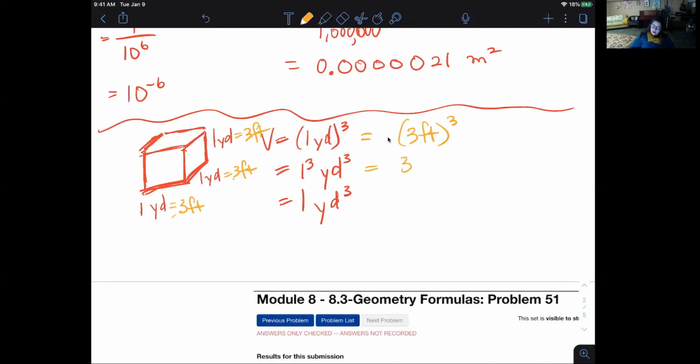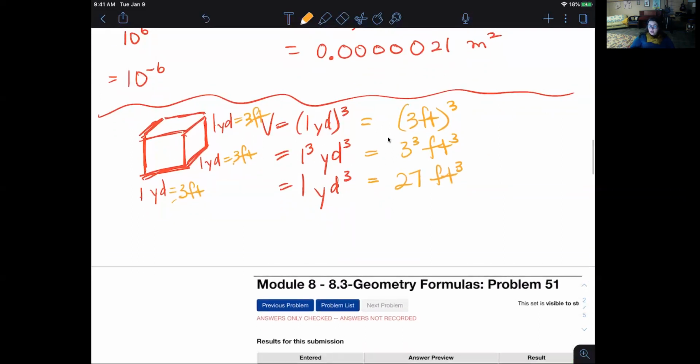And 3 cubed is, anyone know? 3 times 3 is 9. 9 times 3 is 27 cubic feet. So anytime you're going to change any kind of volume measurement, you're going to have to cube that unit conversion.